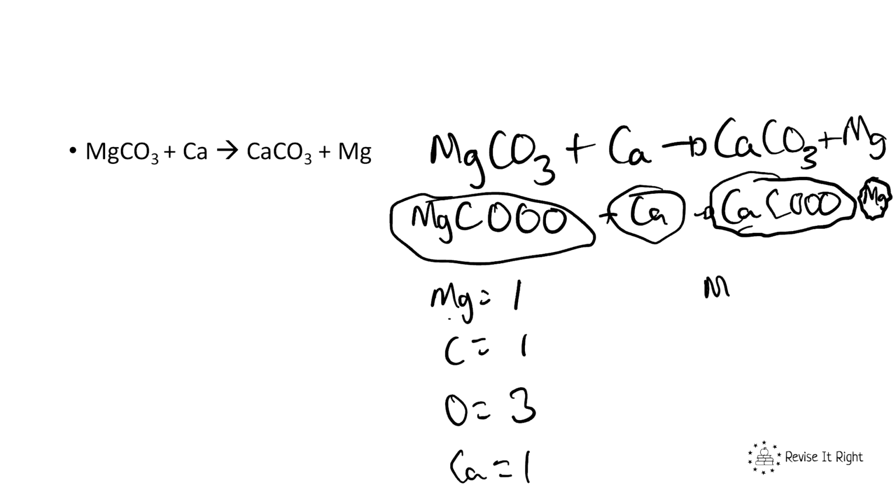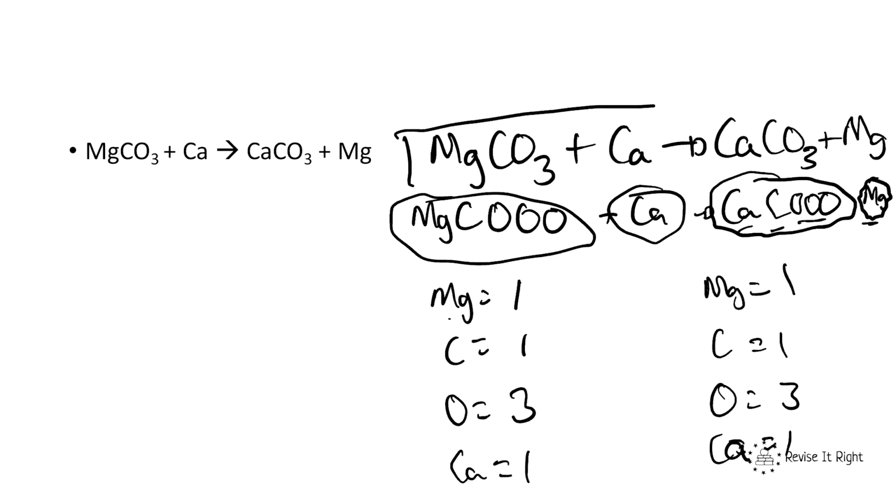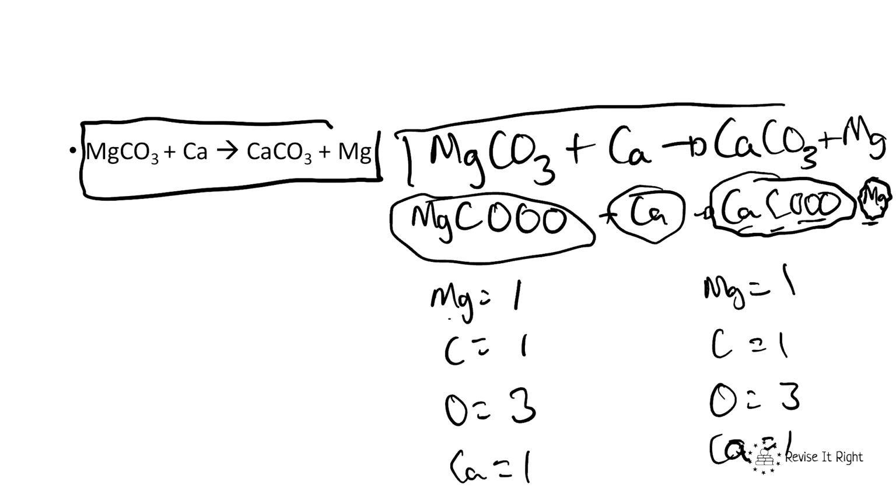So Mg is 1 there. There's 1 carbon. There's 3 oxygens. And there's 1 calcium. Now, are they balanced? Well, actually, yes, they are balanced, so you don't need to change that. So that is already a balanced equation.